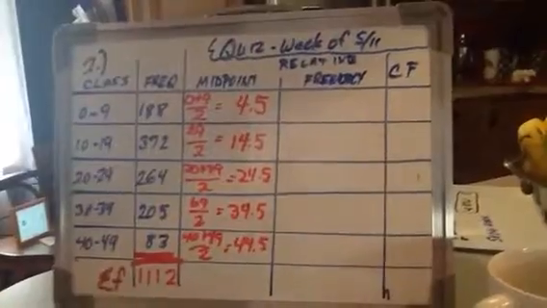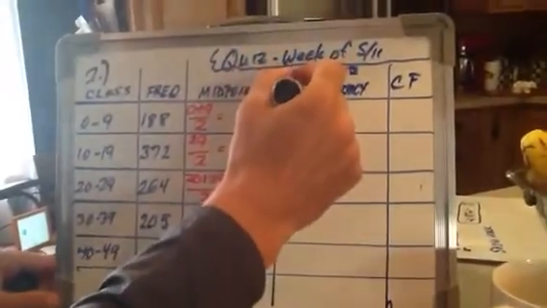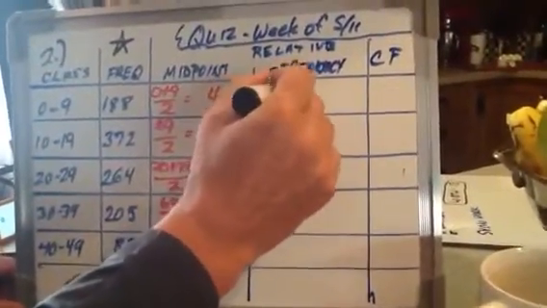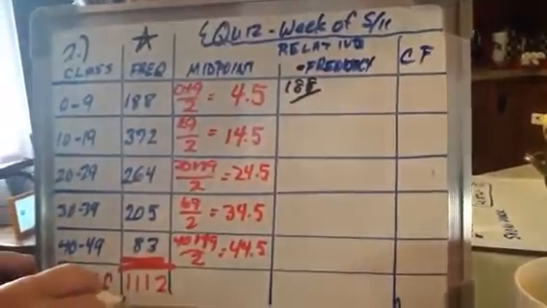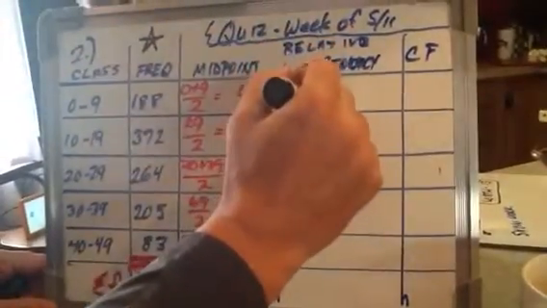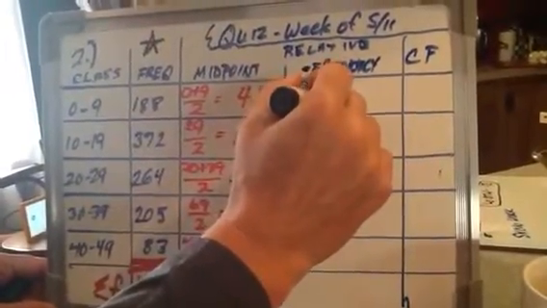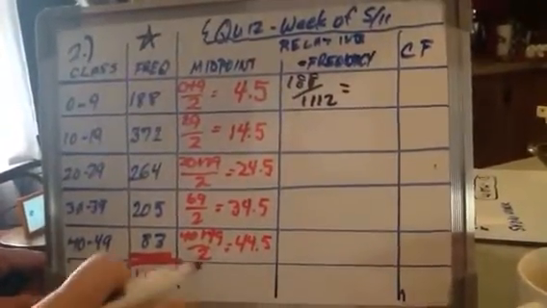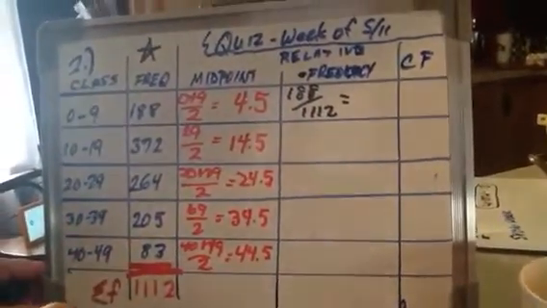Relative frequency is next. Go to our frequency column and we just take 188 divided by this big number, 1,112. So you do need a calculator today. Even on your phones you can use it. We don't need the grapher.